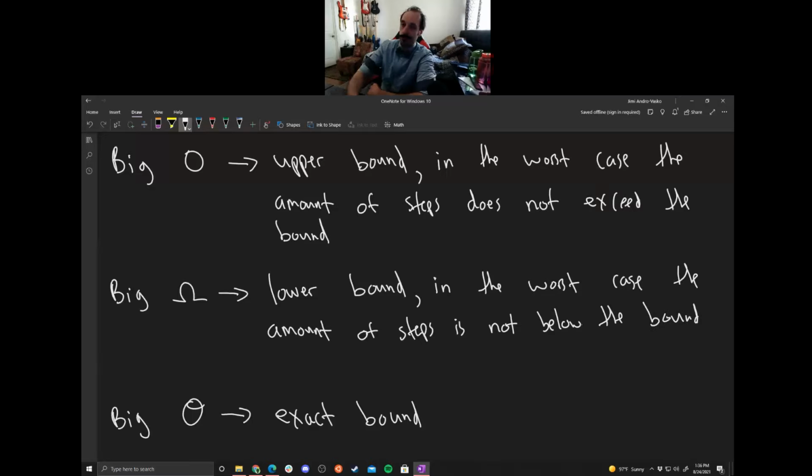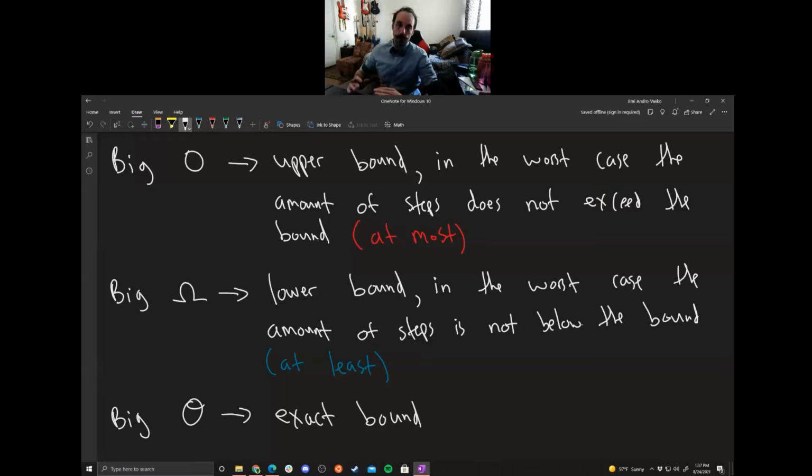So big O is at most, and omega is at least. So in the worst case, if it's omega, it has to be at least this many steps. In big O, in the worst case, it can't be more than this many steps.